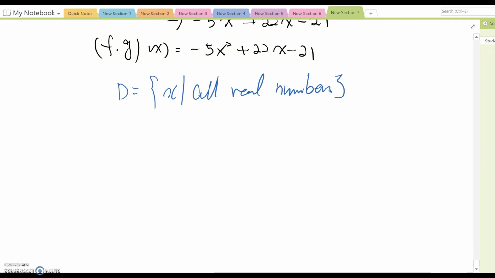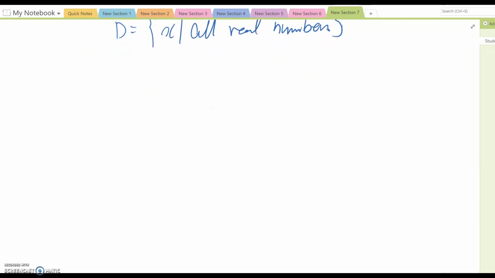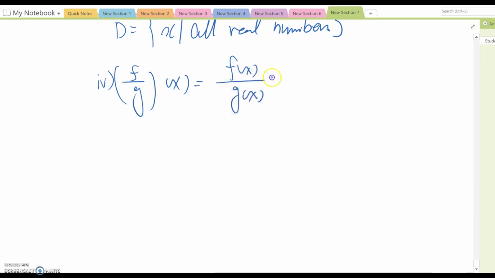Okay, number 4, we want to find (f over g)(x), which means f(x) over g(x).